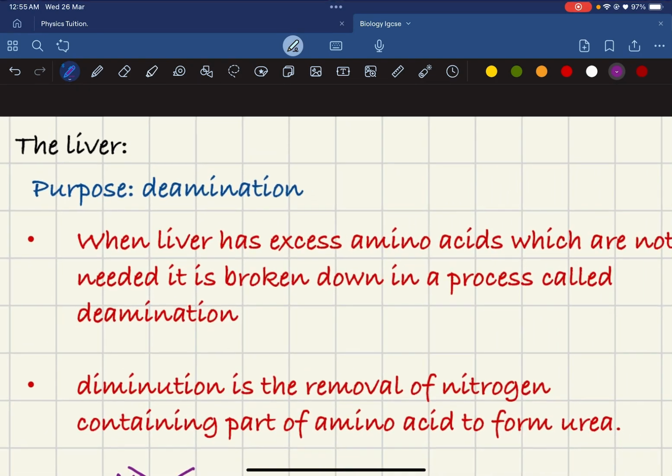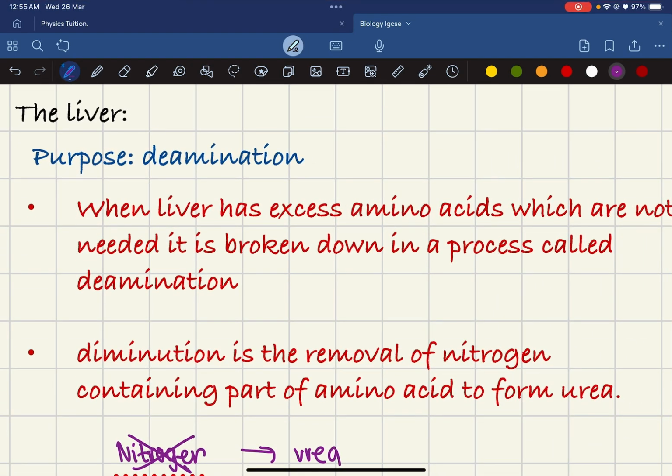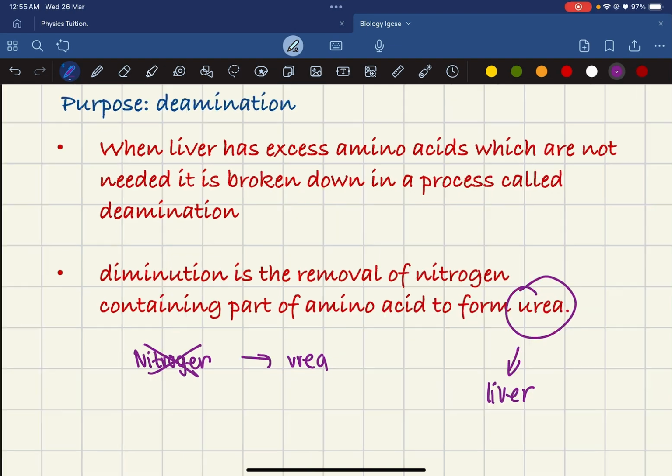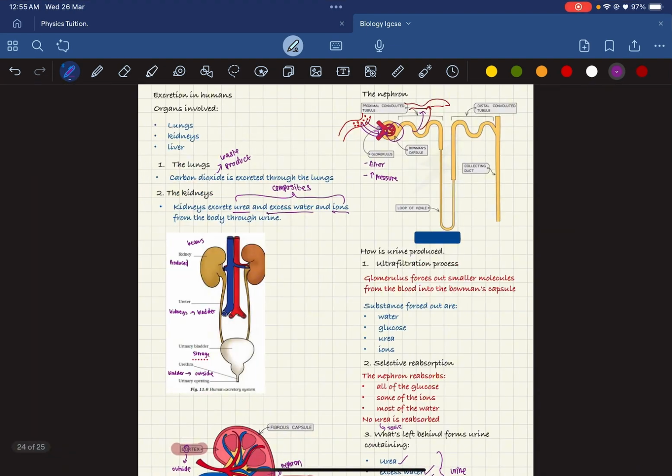Okay, so the process for the liver in this chapter is that it just turns amino acids into urea. And one thing to remember always is that urea is formed in the liver, because that's where amino acids are broken down.